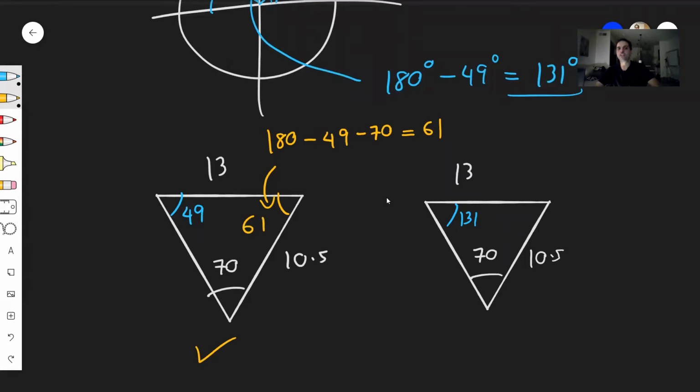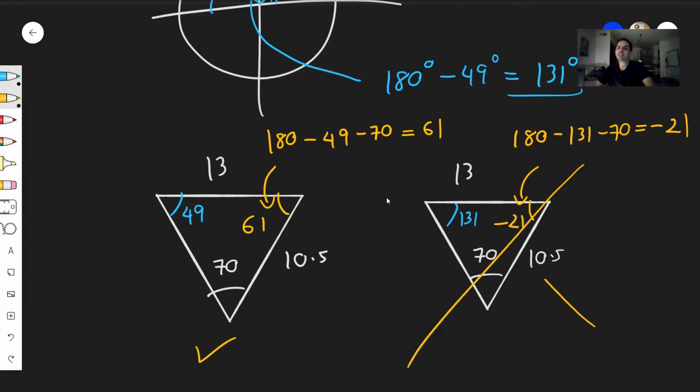It has angles 49, 61, and 70. What about this one? Well, it would be 180 minus 131 minus 70, but that would give you minus 21. So could this angle possibly be minus 21? No, it doesn't make sense. Here the angles are between 0 and 180 degrees. So it turns out this second choice is actually wrong in this scenario.